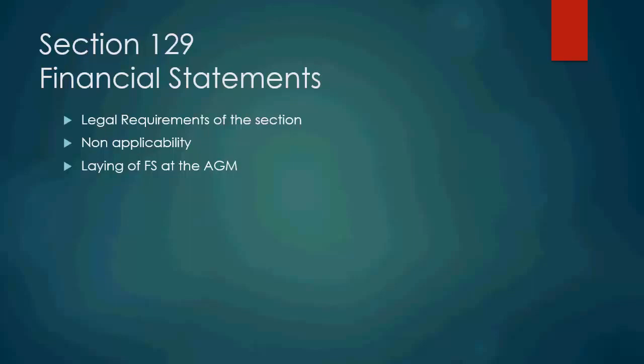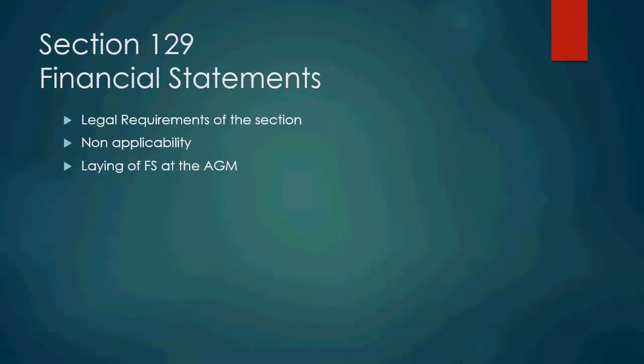Now we'll see what we actually mean by a consolidated financial statement. So we know consolidated financial statement would be a normal financial statement, but encompassing all its subsidiaries. All the activities, the transactions of the subsidiaries will be clubbed together with the holding company and shown as one. Right?